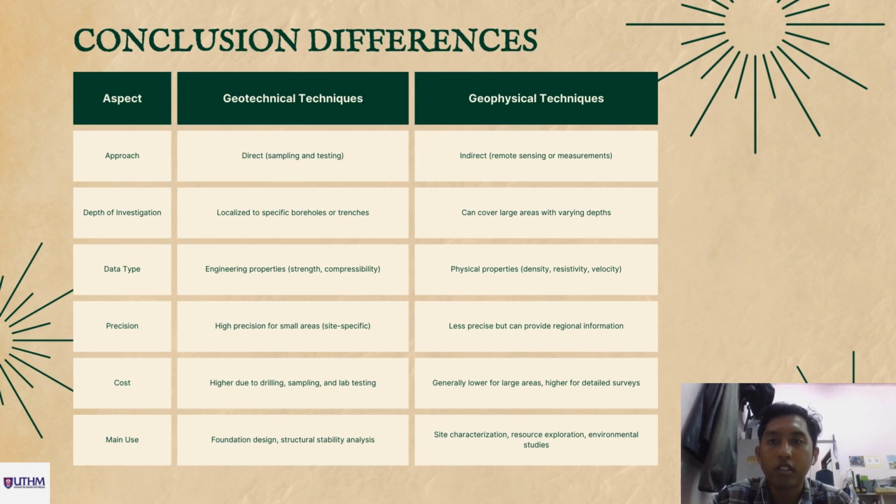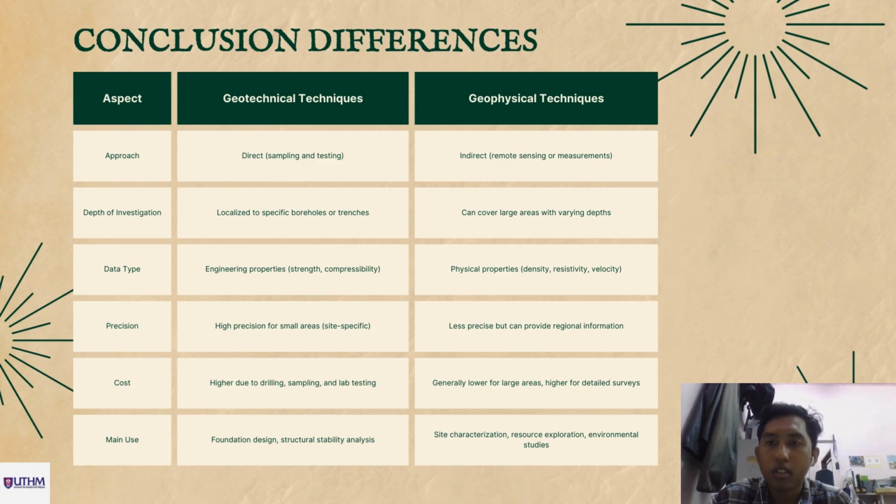For depth of investigation, geotechnical is localized to specific boreholes or trenches, but geophysical can cover a large area with varying depths. For data type, geotechnical gives engineering properties such as strength and compressibility, and geophysical gives physical properties such as density, resistivity, and velocity.